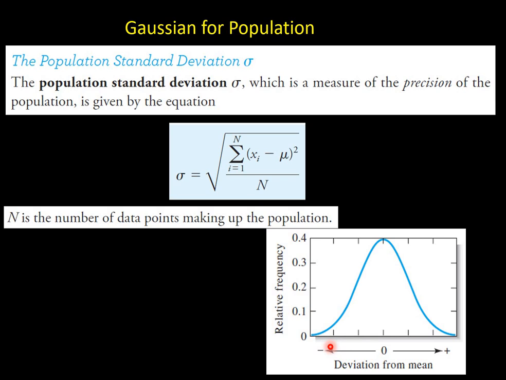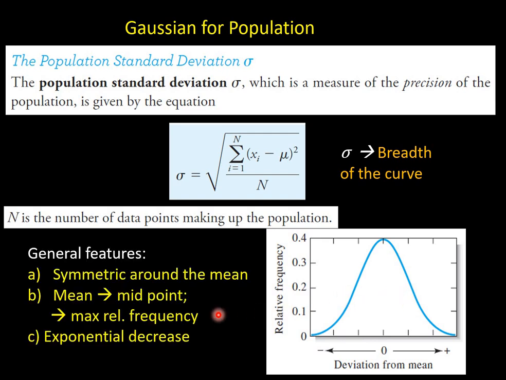And as you see, there are a few salient features here. This sigma is connected to the width or breadth of the curve, right? The larger the sigma value, the flatter and wider the curve is. The curve is highly symmetric around the mean, as is apparent from the expression as well.